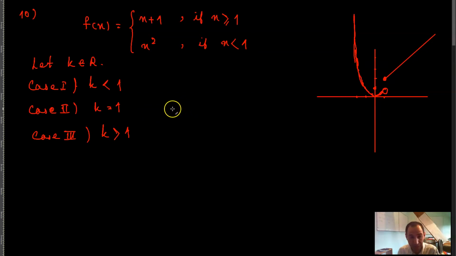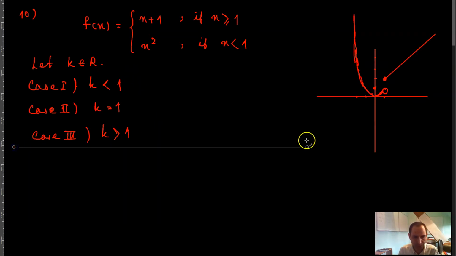And basically we can now consider these cases one by one. Case number 1, that is k is less than 1.